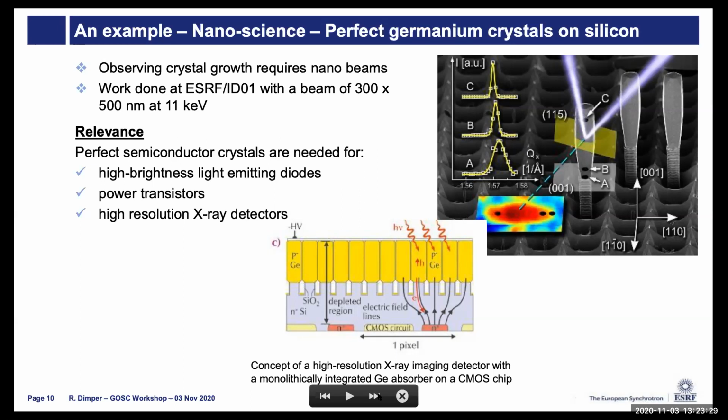So this is typically an example which is applied in the research, but we have thousands of different applications ranging from cultural heritage to biology to material science. So that was just one example to highlight what we can do with high energy X-ray beams. Next slide, please.